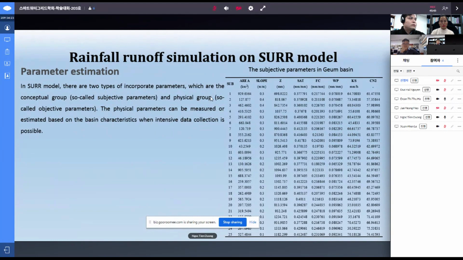In the model, there are two types of incorporated parameters, which are the constituent groups, so-called subjective parameters, and physics groups, so-called objective parameters. The physics parameters can be measured and estimated from the basin characteristics when the best data is collected if possible.